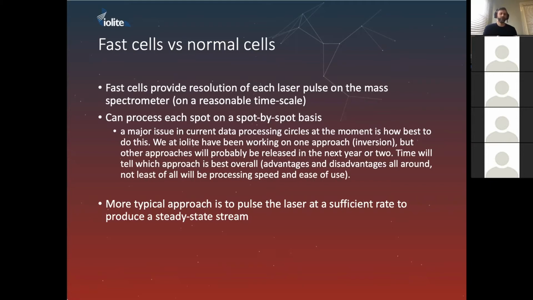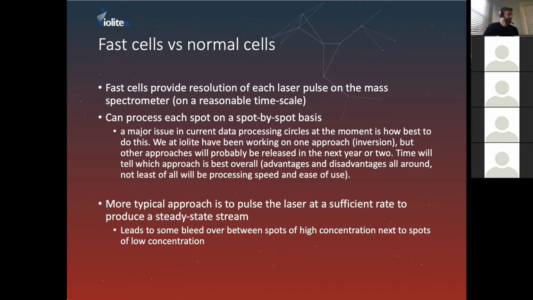And so that requires a different way of thinking about how we actually process it. That's something that we're working on. Other people are working on it as well. Time will tell, I think, which approach is best, but it's not what we'll be covering in today's workshop.